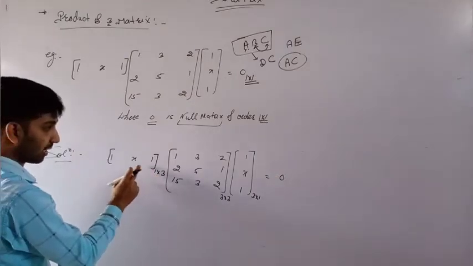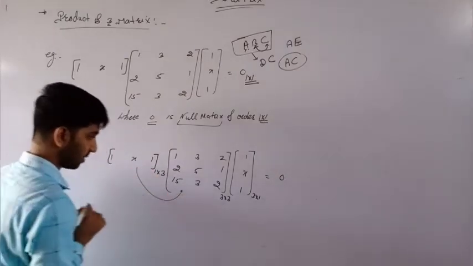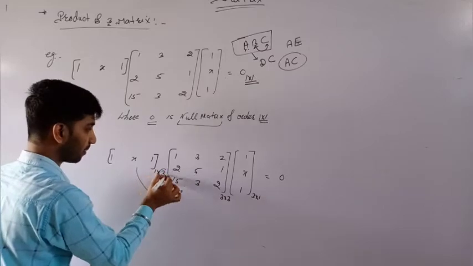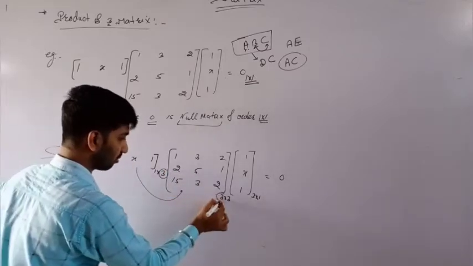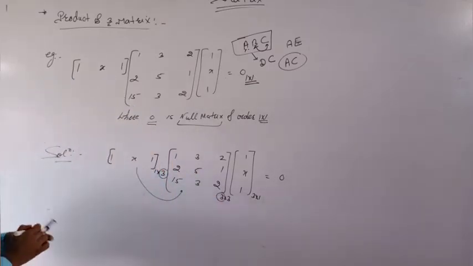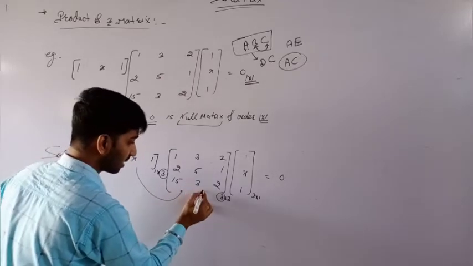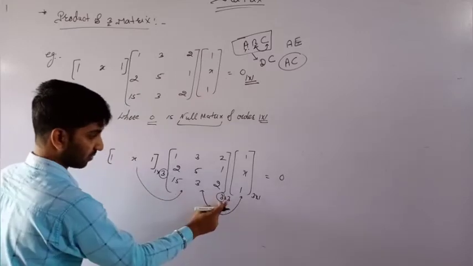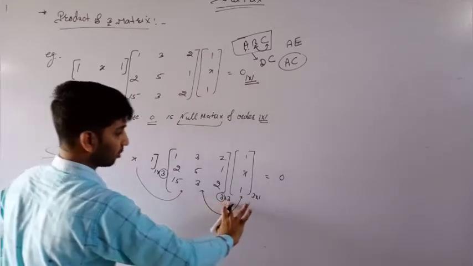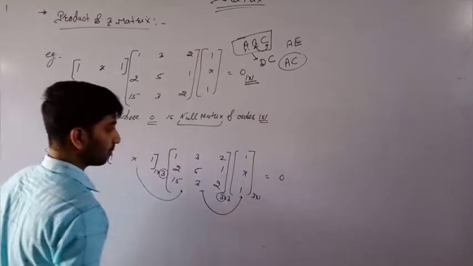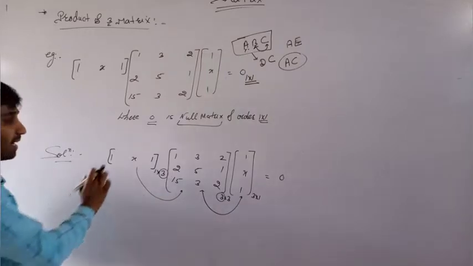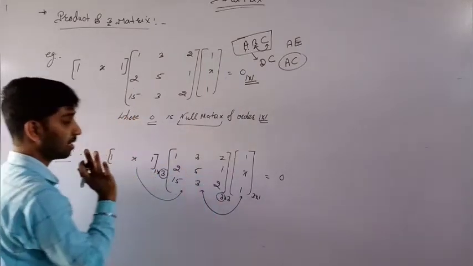We cannot multiply the first matrix directly by the third matrix because the number of columns in the first matrix is not equal to the number of rows in the third. We can multiply the first matrix by the second, since the number of columns in this matrix equals the number of rows in that matrix.